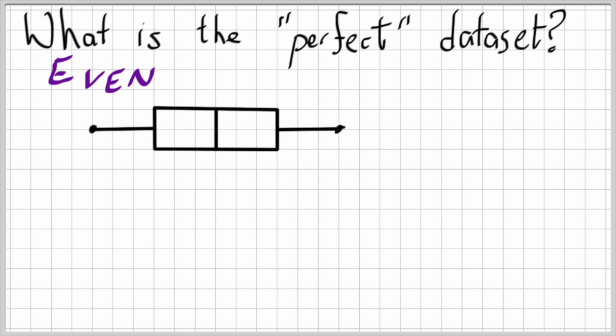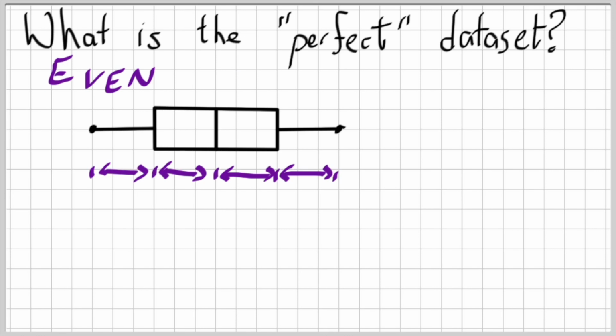Now, there's a box and whisker diagram of an even data set, which means if I look at the intervals, the 25 percentile intervals, the quartiles, the spread is perfect between the minimum and the lower quartile, quartile 1 and the median, etc. Everything is spread out.